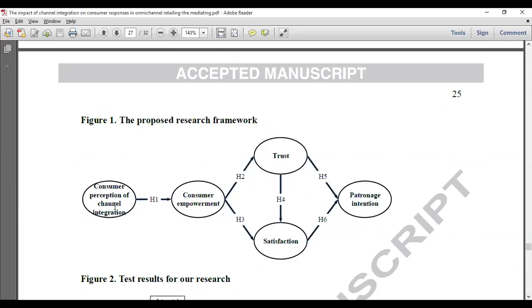Is consumer what? Stimulus, organism, or response? Tell me. And which is the stimulus? Think over it.